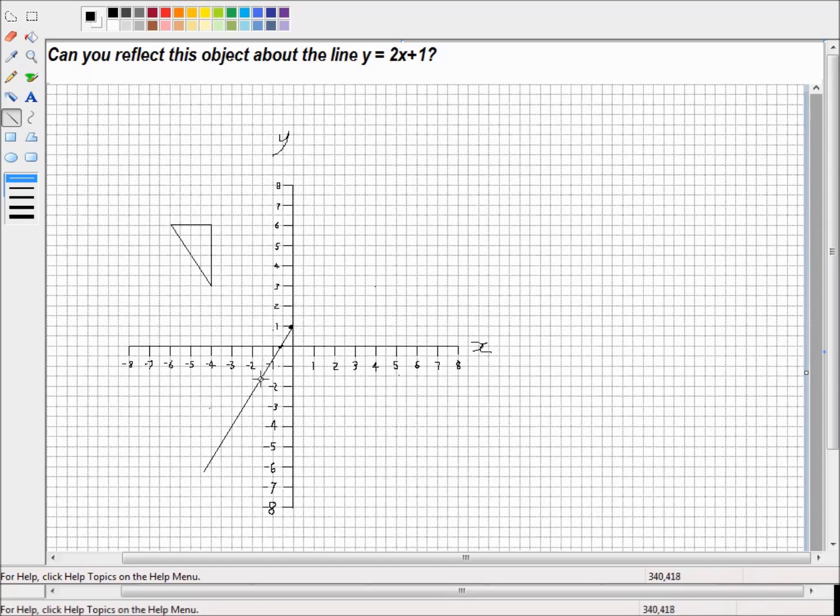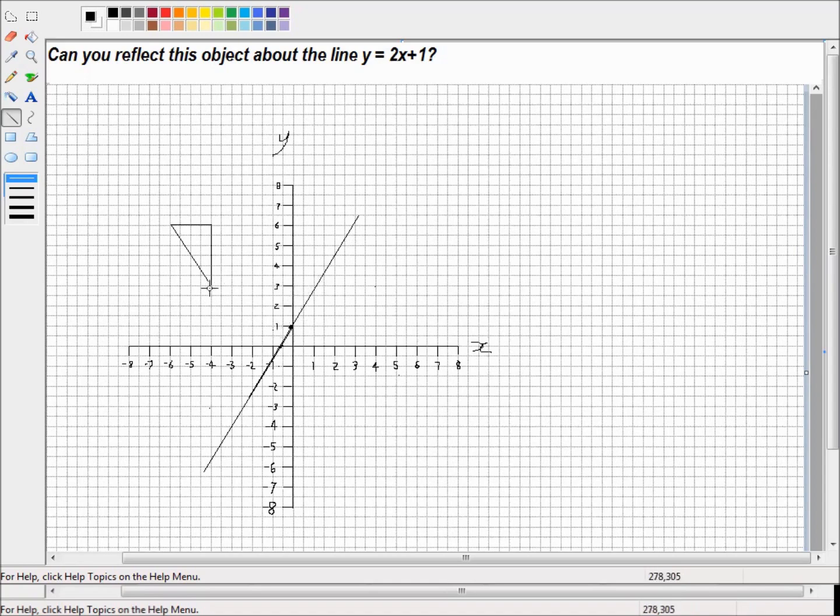Let's redraw it from here. Okay, good enough. Okay, so we were trying to reflect around this line.